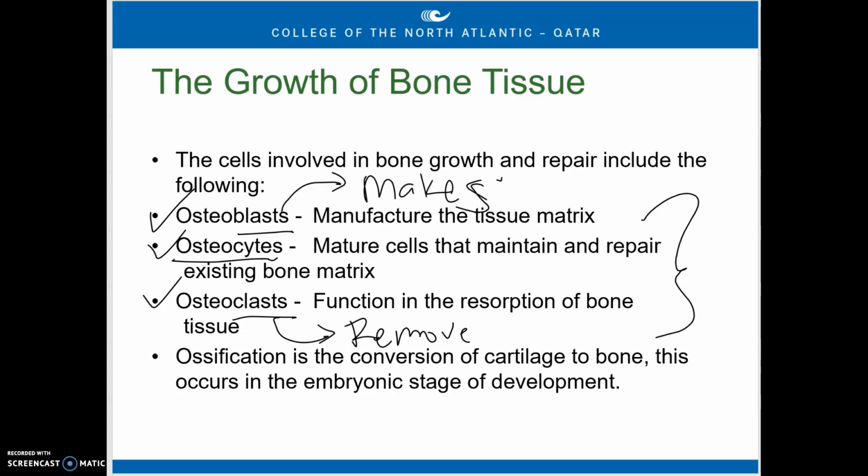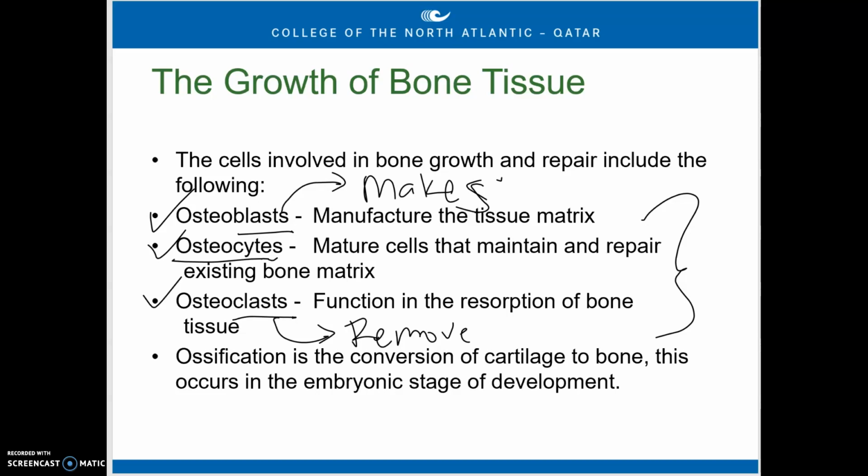Okay, so in this case here, we've got our osteocytes, which are our healthy bone cells. We have our osteoblasts, which are cells that would move in if we needed to repair or make more matrix. So these are the cells that are going to produce the matrix. And then we have the osteoclasts, and these would come along if for some reason we needed to remodel that bone, so we needed to remove some of the matrix for growing, or if there's an injury or something to that effect, the osteoclasts will come in and they will take down the matrix. So they'll remove it and reabsorb some of that bone.